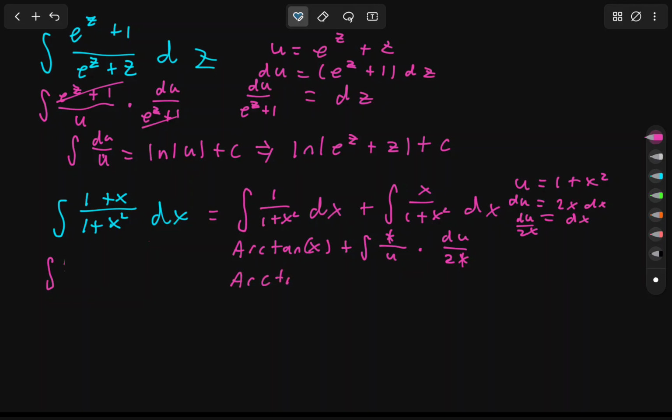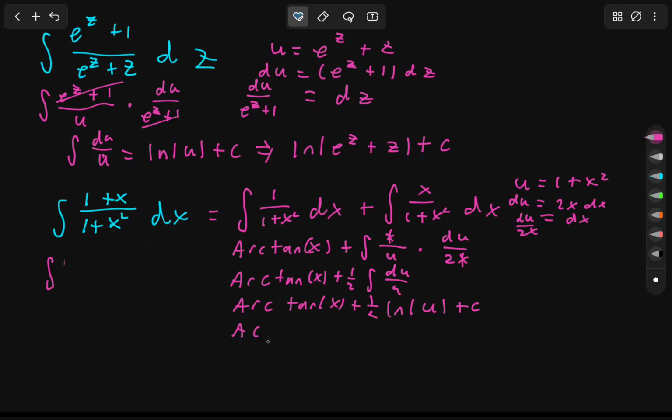So we now have arctangent of x plus 1/2 the integral of du divided by u. Well, now I think we've gotten experienced enough to know exactly what this integral is, so we get the natural log of the absolute value of u plus c.